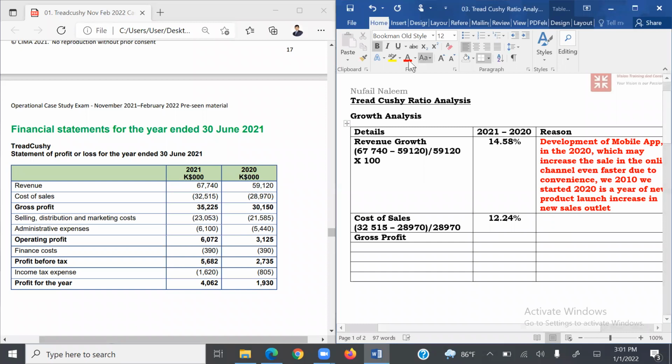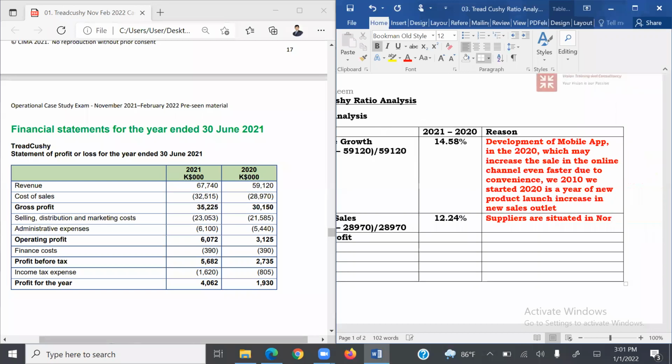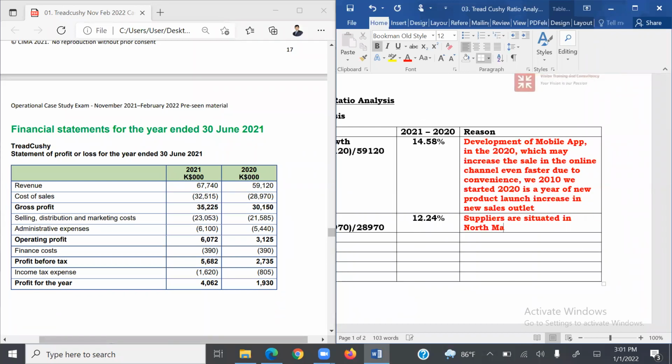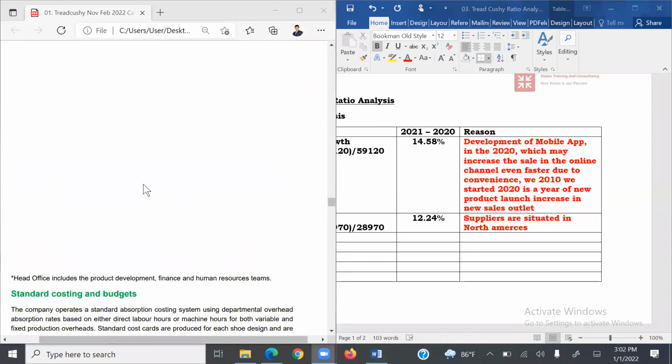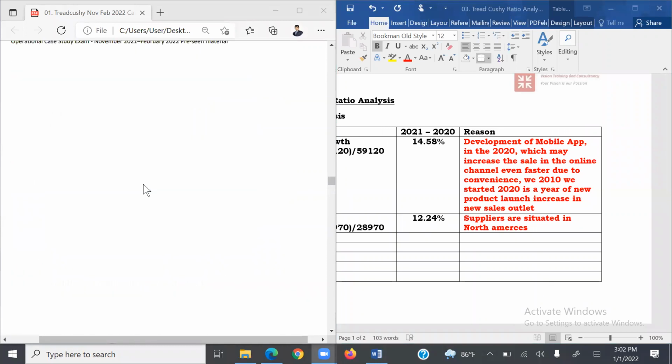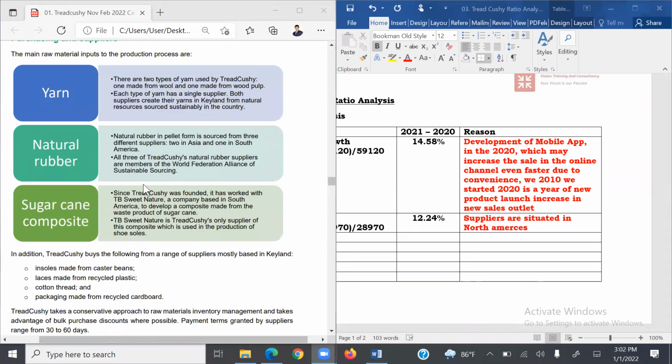Now, students, if you see why the cost of sales has increased, we need to do a practical reasoning. Suppliers are situated in two regions. One is, I think, North America, if I'm not mistaken. I'll take you to that page as well. This page is very important, where they have given the supply chain relationship.